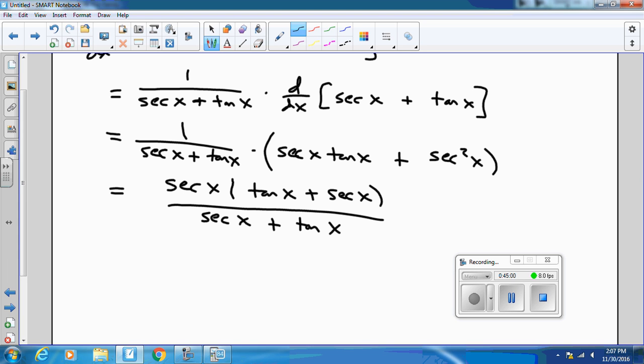Isn't that magical? We just found a function whose derivative is secant. Whoa! That's pretty cool.